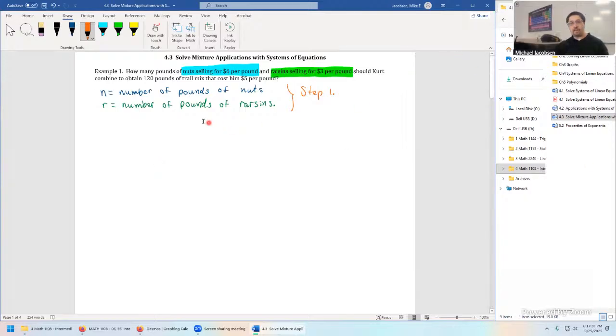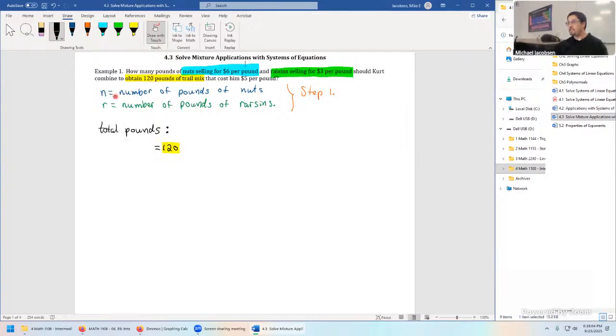Well, next thing we have here is that there's going to be 120 pounds of trail mix. So that's a total in a certain sense. The total pounds is going to be this equation. It has to come out as 120 pounds, so equals 120.